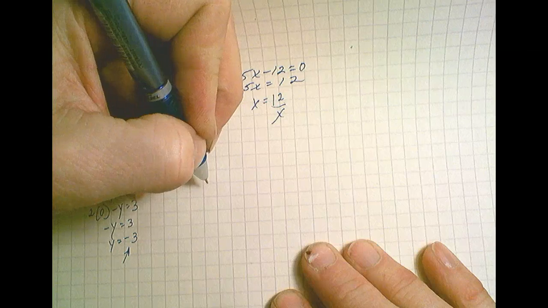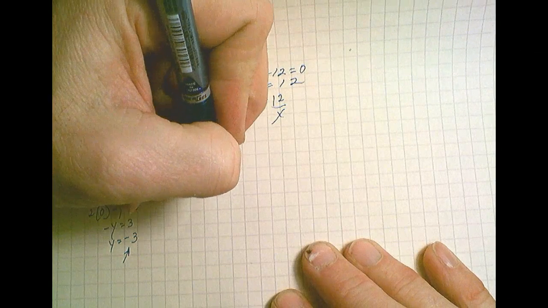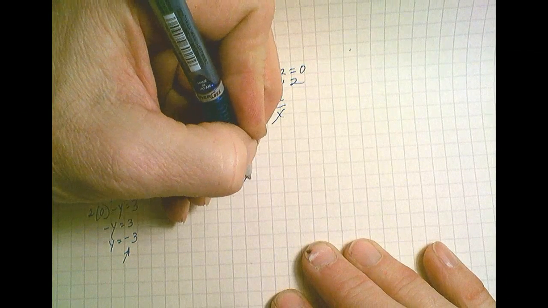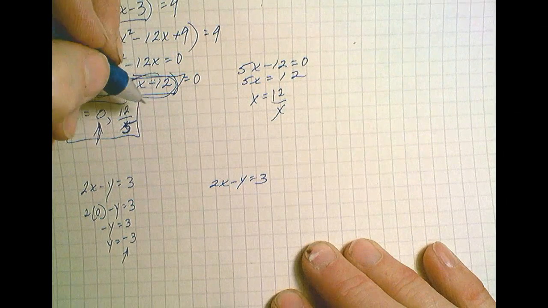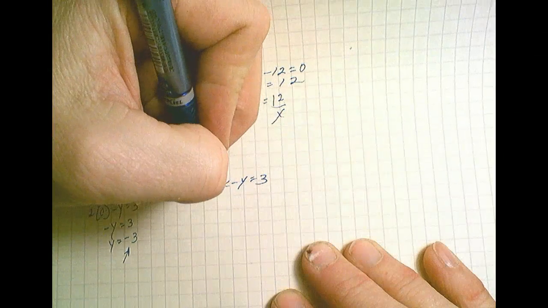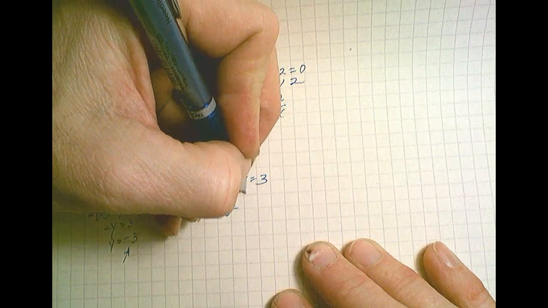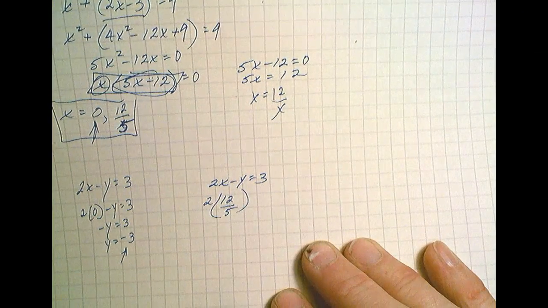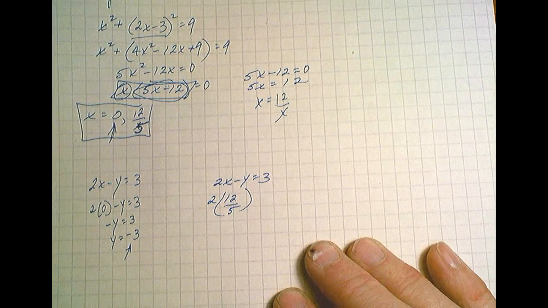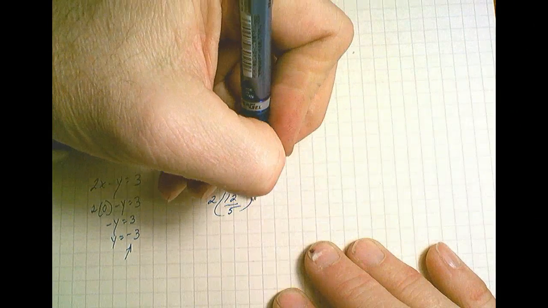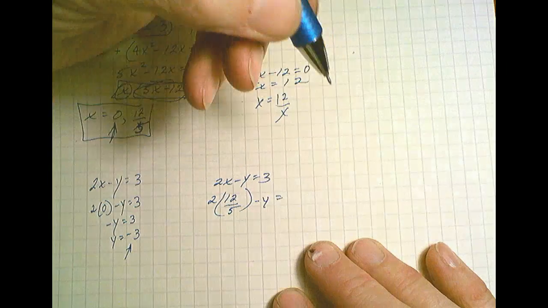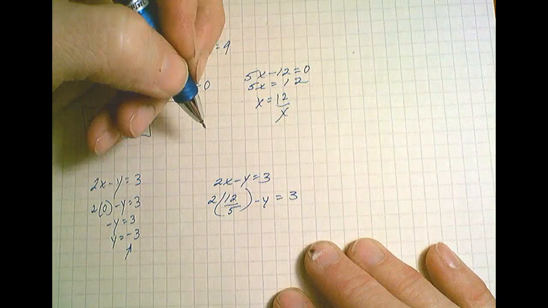We have 2x minus y equals 3. And now we're going to put 12 over 5 in there wherever we see an x value. Okay, got that. Then we can subtract y, and that equals 3.